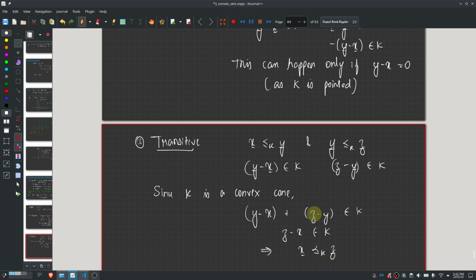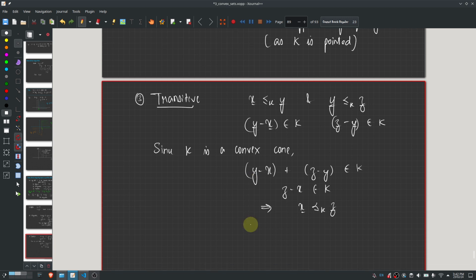For that, I pick this specific conic combination. Any questions?